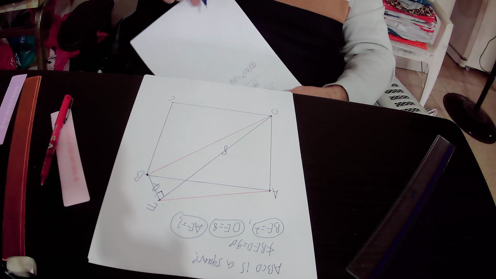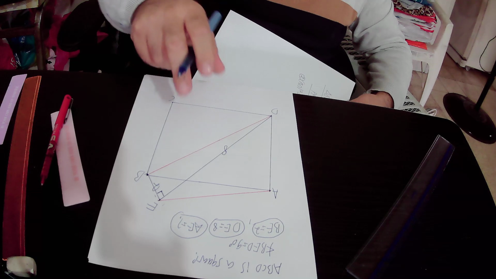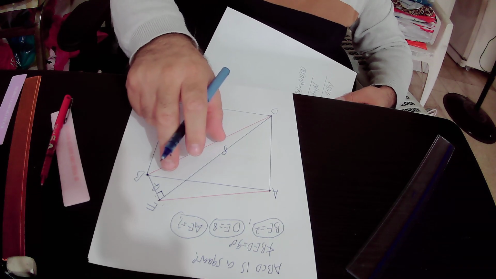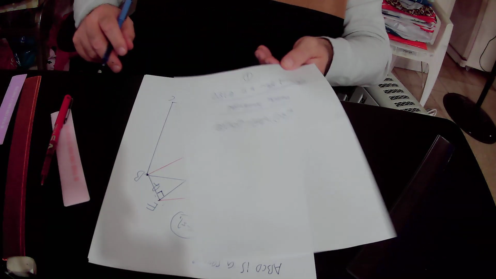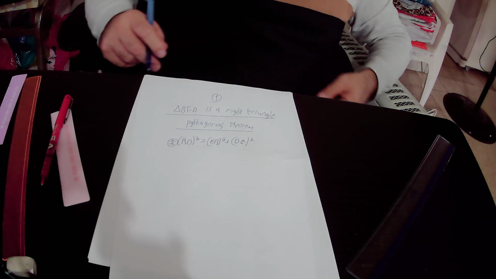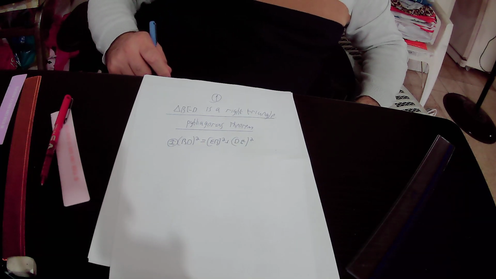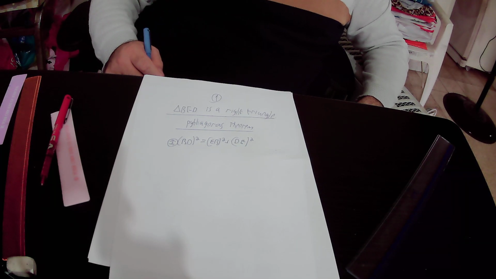So the Pythagoras theorem in the right triangle EBD gives us equation number 1: BD square equals EB square plus DE square.